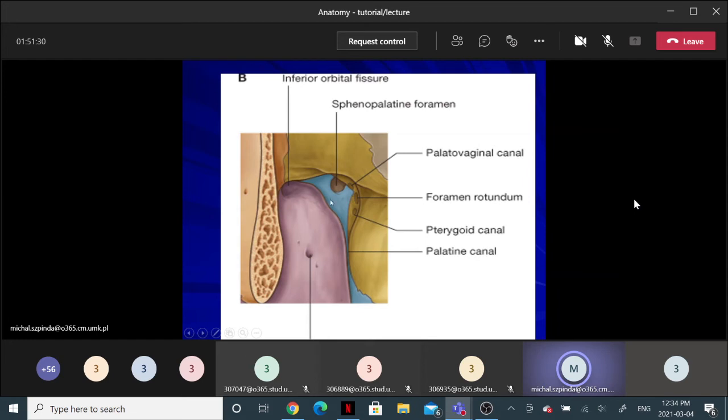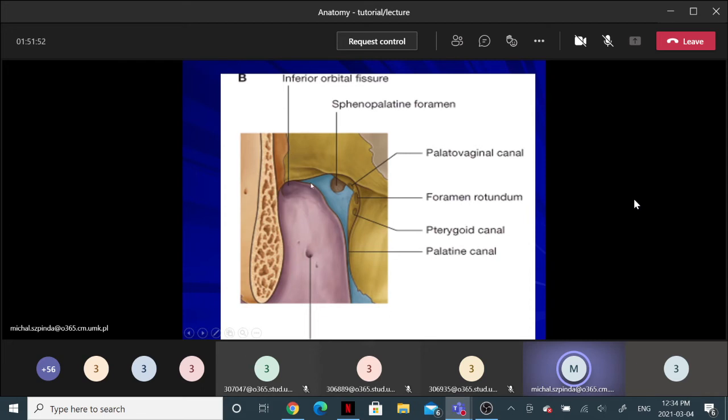Apart from this, on the maxilla, on its tuber, we have alveolar foramina, where start alveolar canals, ending in molar alveoli.